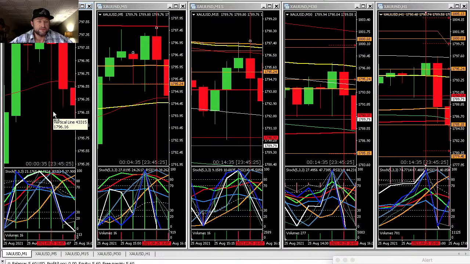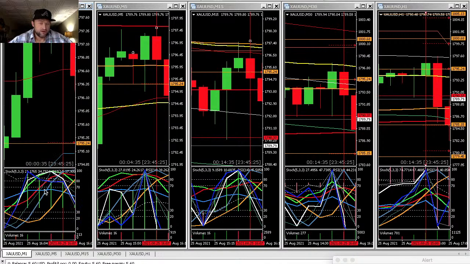So basically, and then this, let's see, this red one, so crowded in here. This red and green one is a stochastic oscillator, which is my favorite indicator of all indicators.